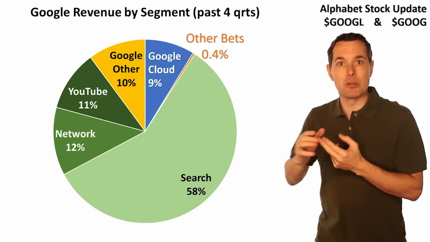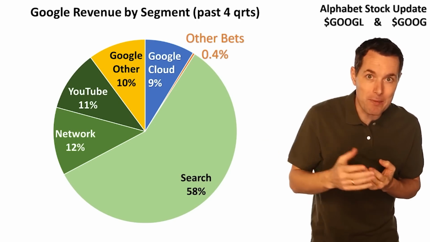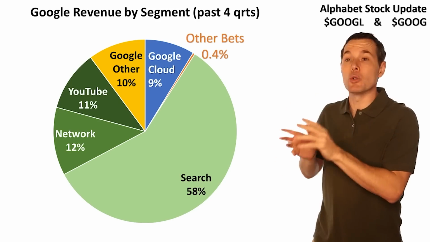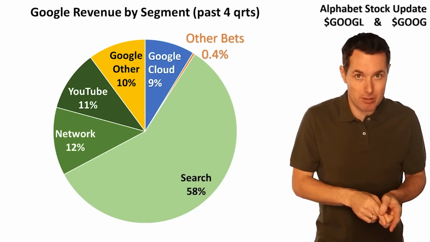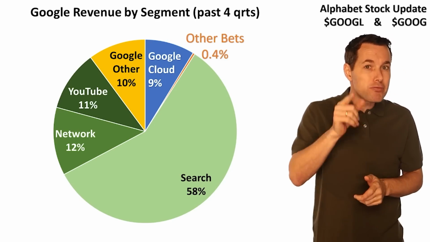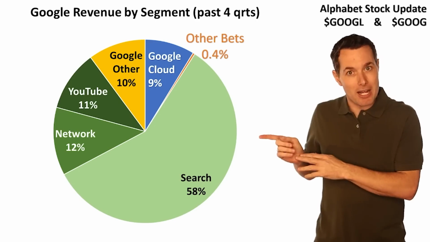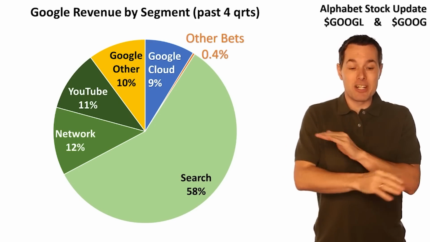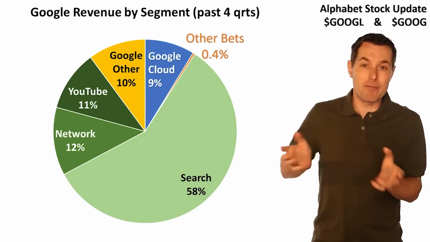If they sell the Nest or the Pixel phones that they make, all of that revenue lands in Google Other. Interestingly, if you're a YouTube Premium subscriber, the membership actually goes under Google Other, not under the YouTube category. The YouTube category is just advertisements on YouTube. Google Other includes sort of everything else.